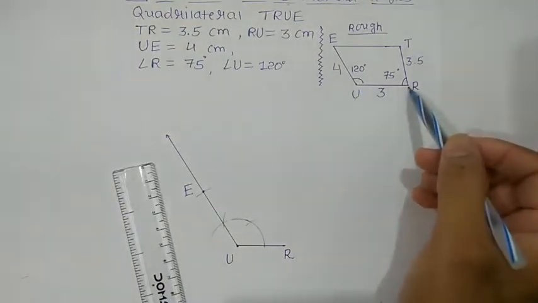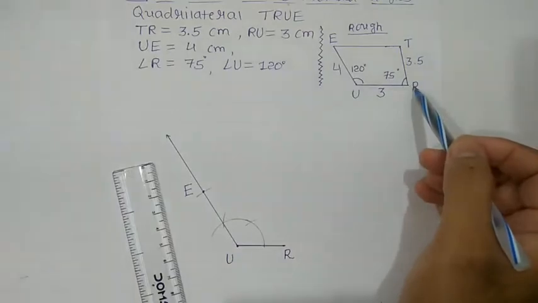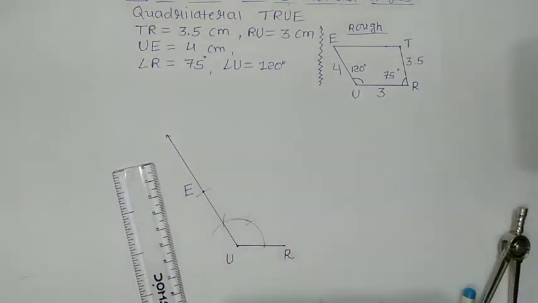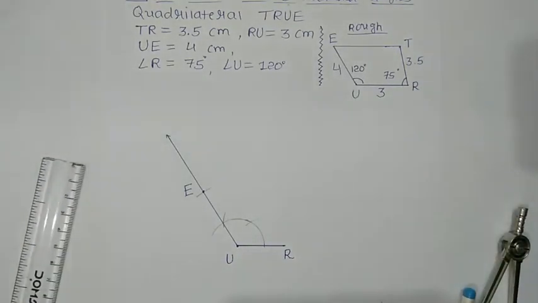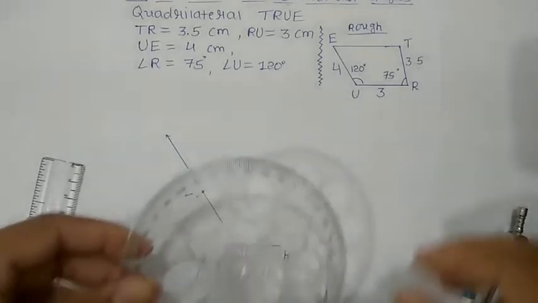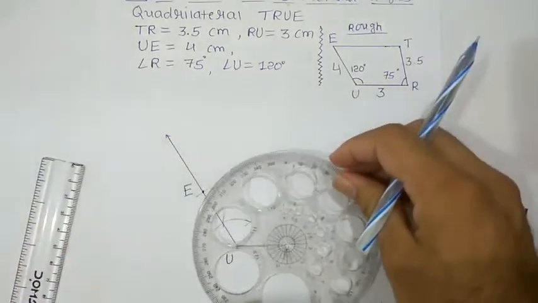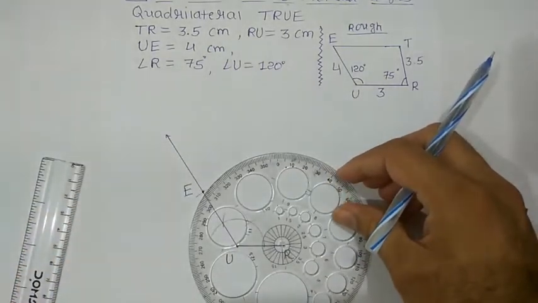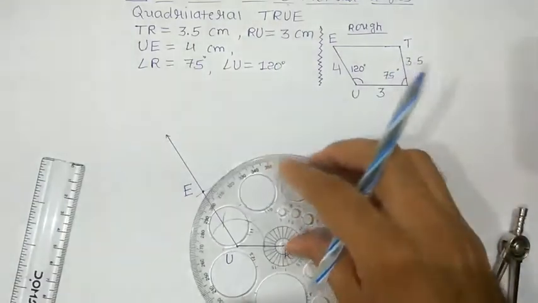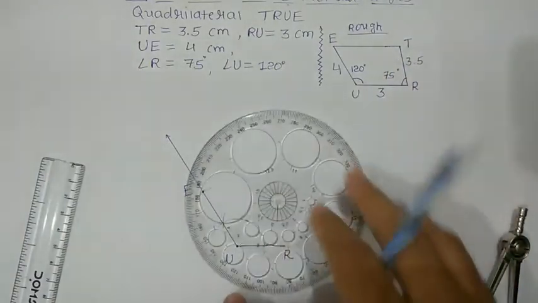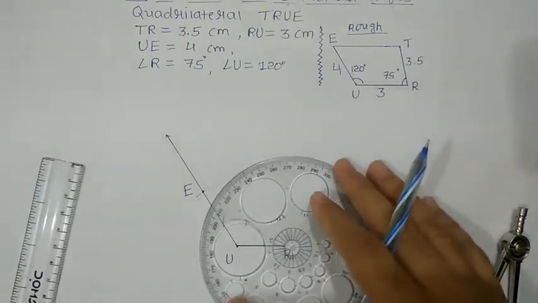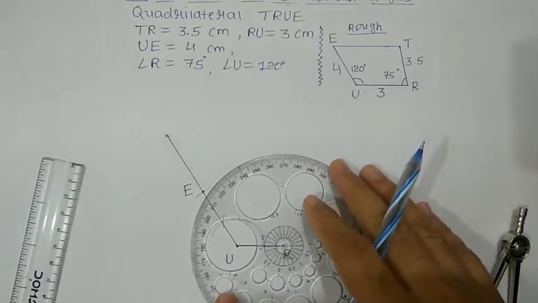Right. Now we have to make an angle of 75 degree at point R. So to do that, we can use this instrument, the angle measure, right? So to make an angle of 75 degree, let us set it at the 0.